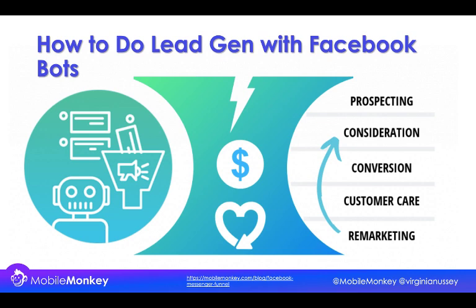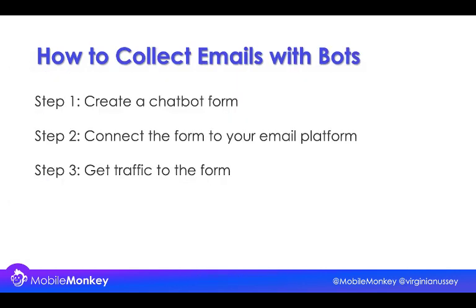We're talking about how to collect more emails so that you can load up the top of the funnel, because as we continue to nurture people, or people fall out because they're disqualified or not a good match or not the right time, the more leads we find at the top of the funnel, the more qualified leads we'll find at the end of the day. So that's the entire funnel, but we'll just focus up at the top right now, at the email collection piece and how to do that with bots.